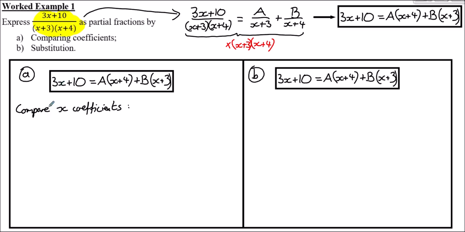So I've got 3x over here. On the other side, if I expanded it out, I'd have A lots of x plus B lots of x, which of course I can factorize as (A + B) lots of x. So in other words, 3x must be the same as (A + B)x. So therefore, 3 = A + B.